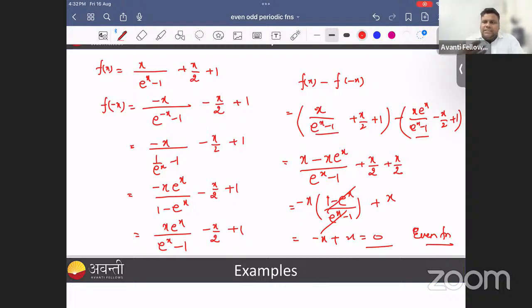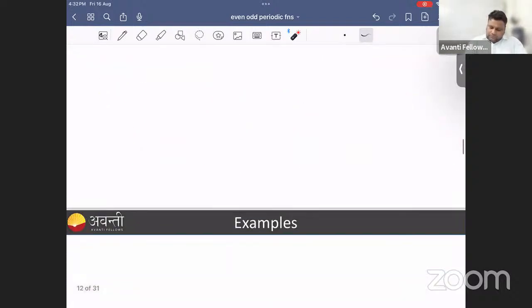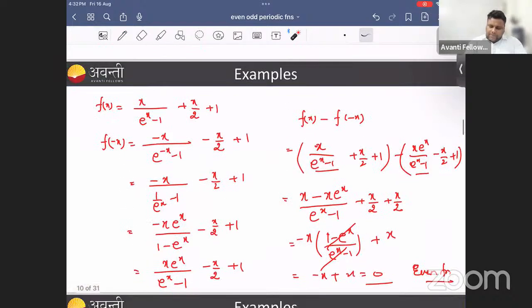Like in the previous question, I added both of them. I got f(x) plus f of minus x as 0. In this question, I subtracted both of them. So it is just a chance. What I realized is, if I subtract both of them, this one will cancel, because cancelling this one is necessary. So I did that. So it is just a matter of chance. Otherwise, this one won't cancel, and I won't be able to justify between even and odd. So there is no particular criteria. Got it?